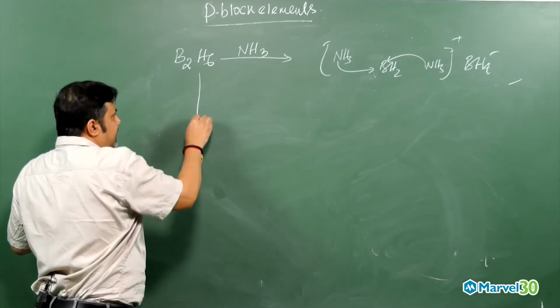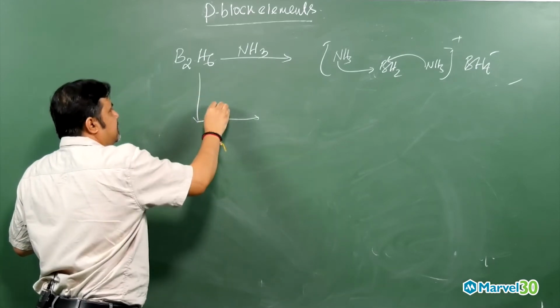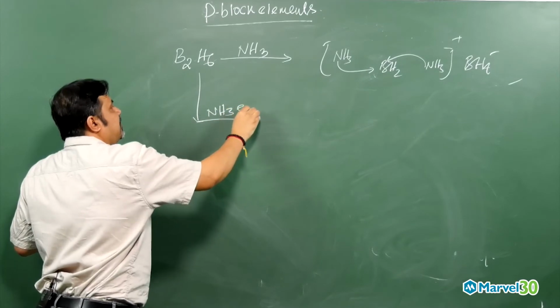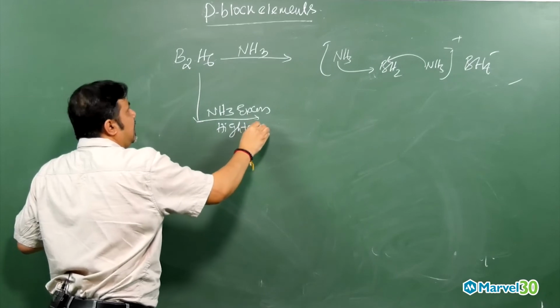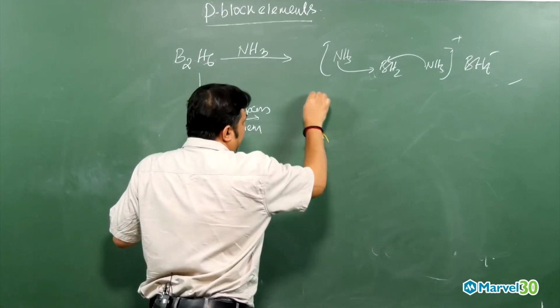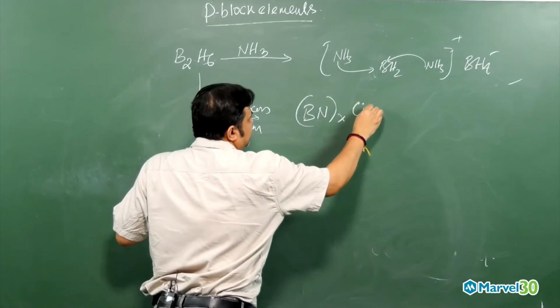Whereas with B2H6 and NH3 in excess and then high temperature, at that time boron nitride, the inorganic graphite, will be formed.